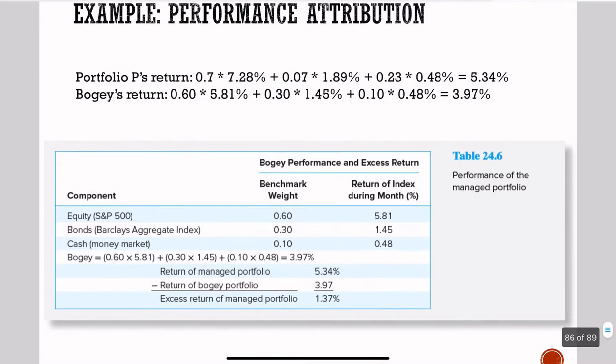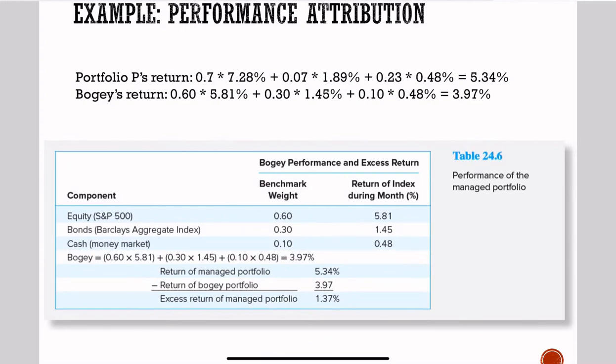Okay, now let's see this example here. I hope this example will give you a clear idea how the performance attribution works. Again, remember the purpose is we will attribute the performance difference between our portfolio P and the Bogey portfolio into two sources. The first is the asset allocation.